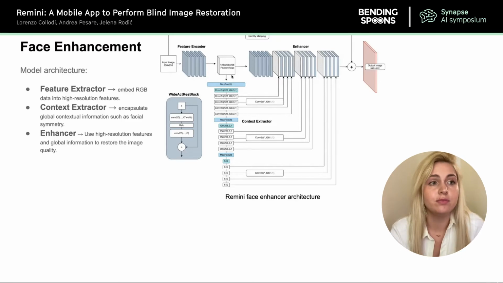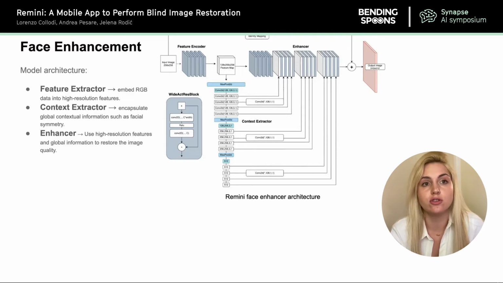And then these feature maps go to the context extractor. The context extractor basically learns how to get contextual deeper features, and it has a very large receptive field, which gives exact positions of eyes and nose and important key points, also facial symmetry.